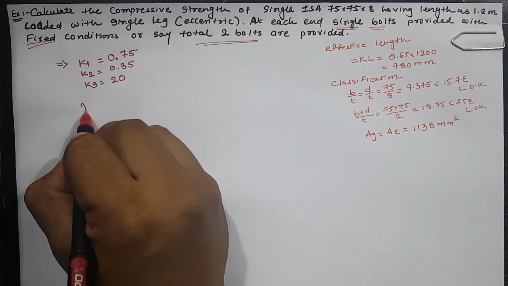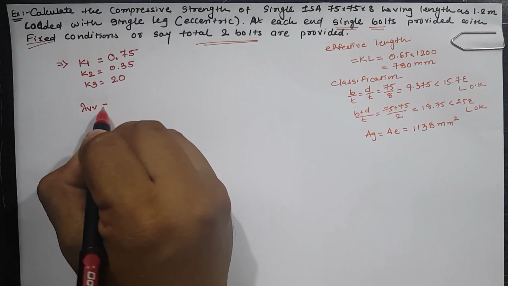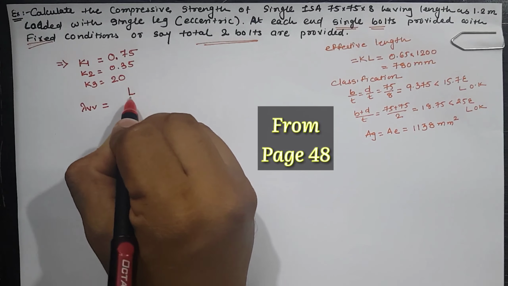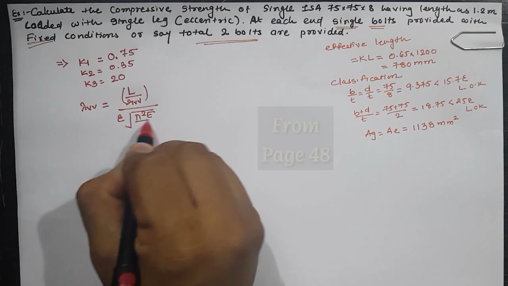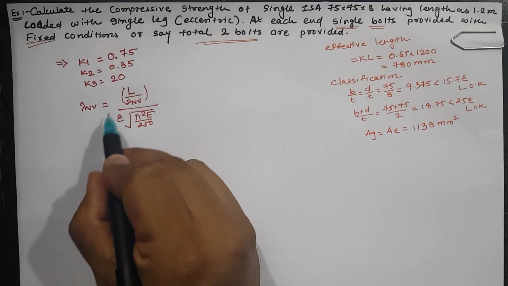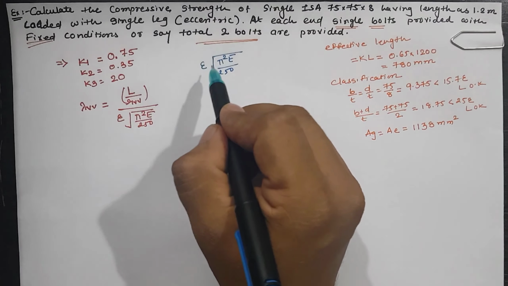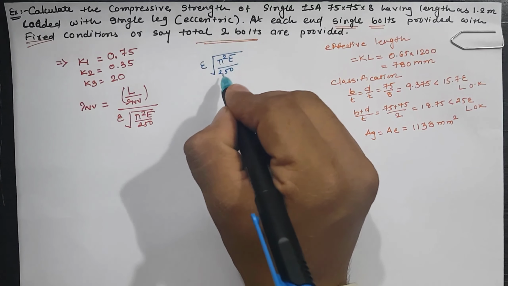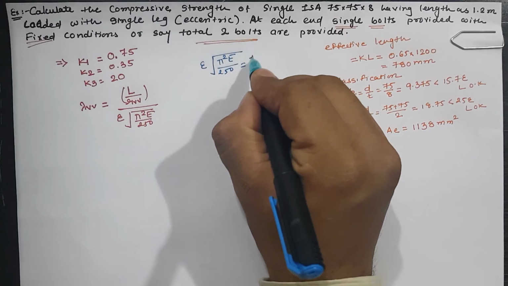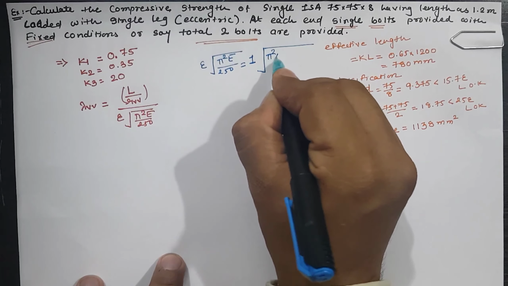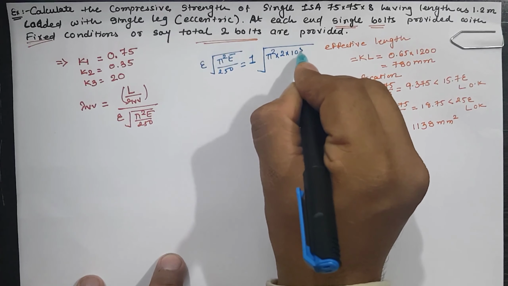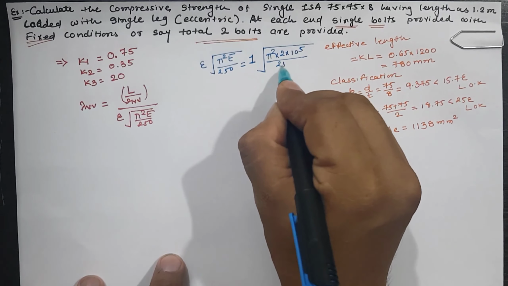Next part is lambda VV, which is equal to L by RVV divided by epsilon into square root of pi square E by 250. Epsilon is generally 1. Square root of pi square E is taken as 2 into 10 raised to 5 divided by 250.